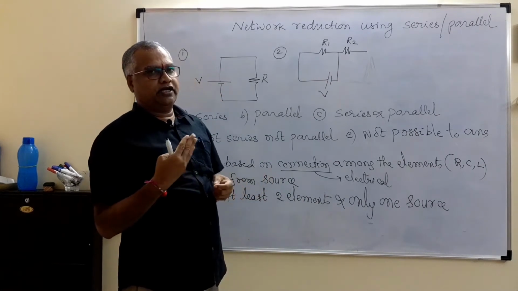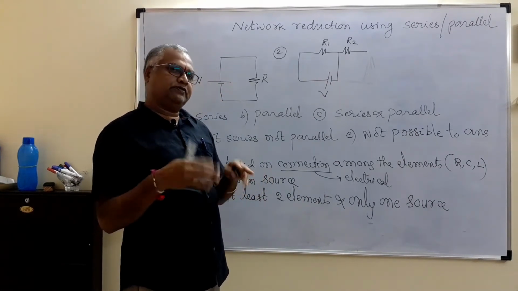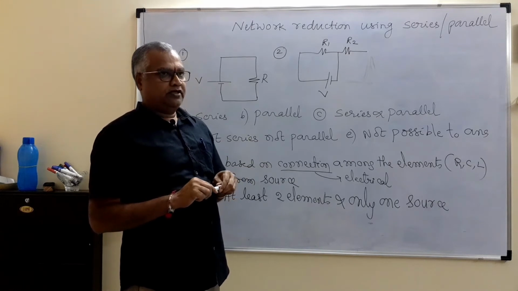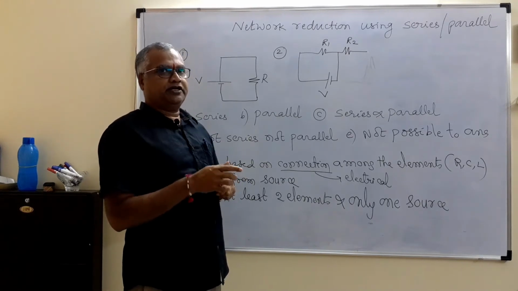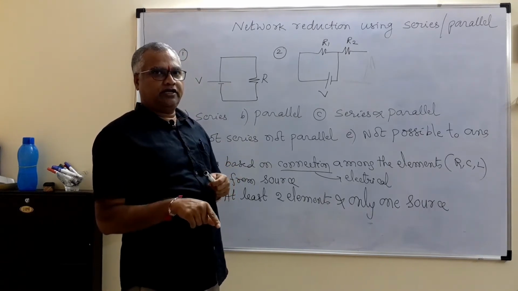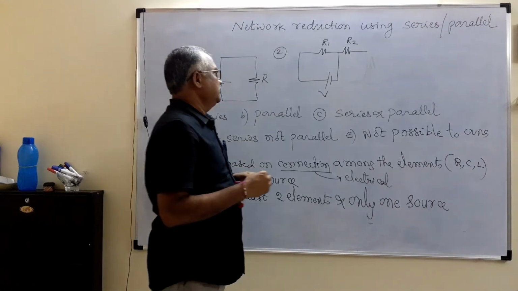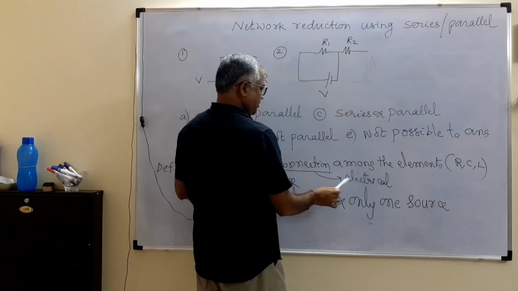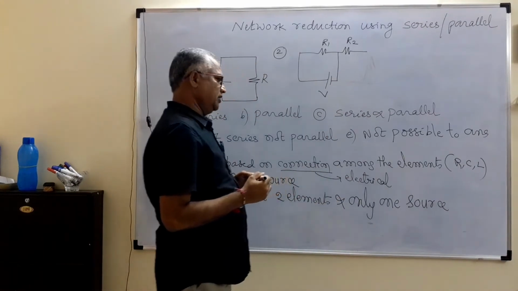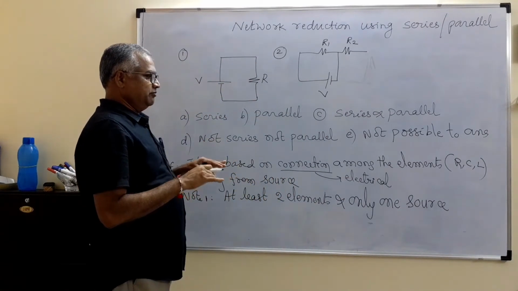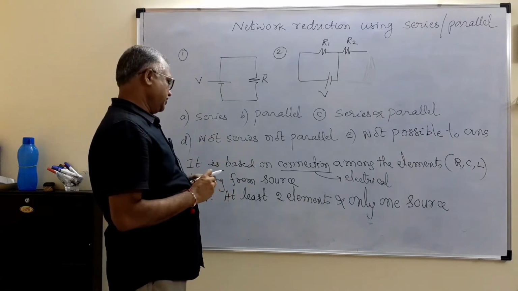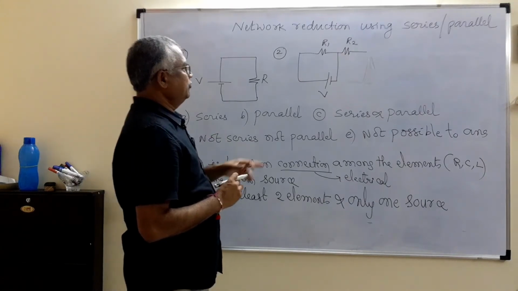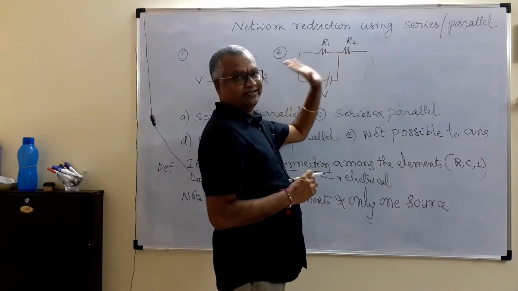When we say electrically connected, it implies physically connected. When we say physically connected, there is no guarantee of electrical connection. So in this case, physically connected but electrically not connected, connection basically means electrical. Therefore these two are not connected in the first place.